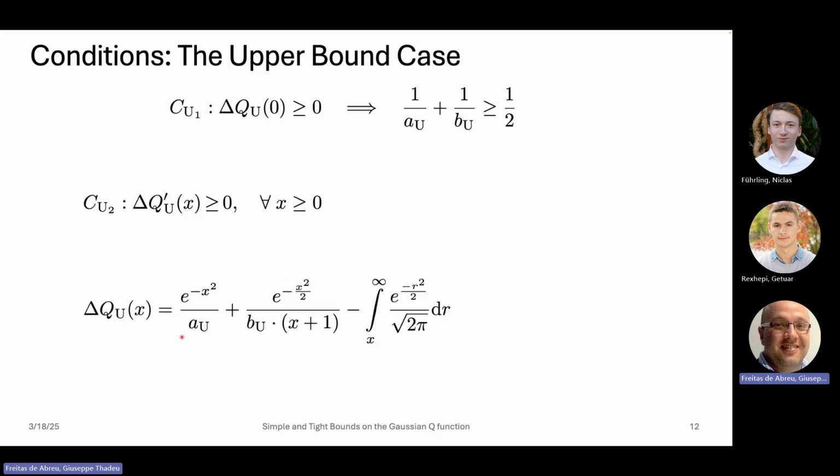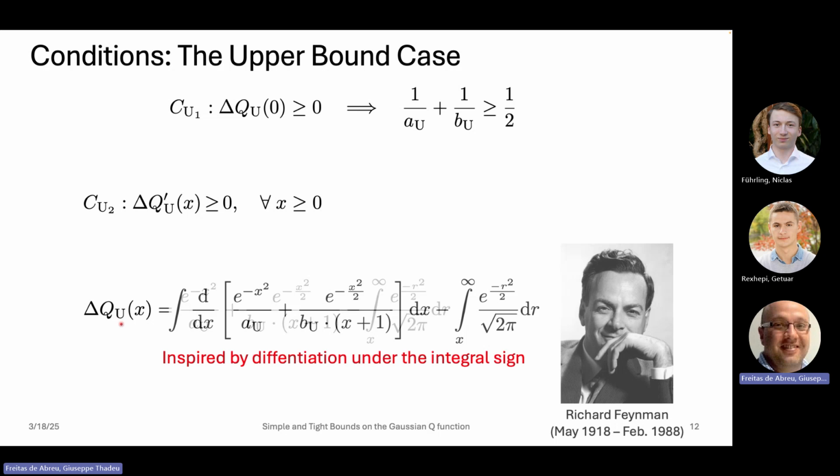So now let's write the value of the delta Q sub u explicitly. Remember, this is the shape of the bound generally, and this minus the shape of the Q of x is what the delta Q sub u is. Now, what I'm going to do is to take inspiration from Richard Feynman's very famous method of solving integrals by differentiating under the integral sign.